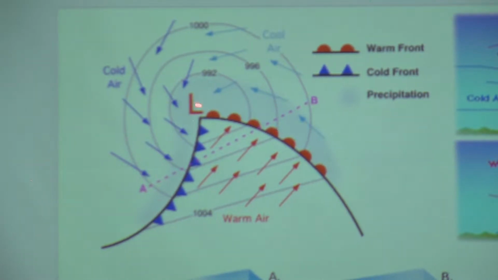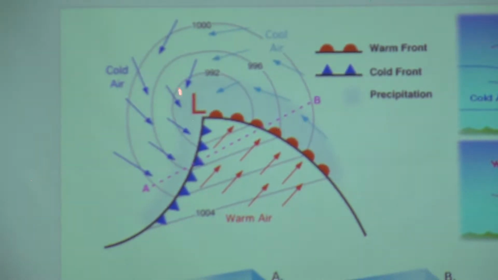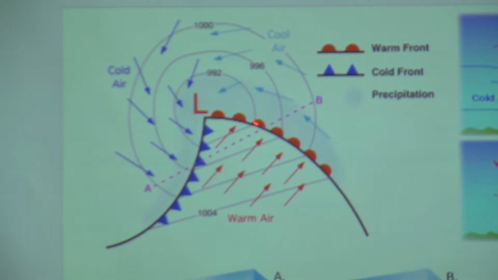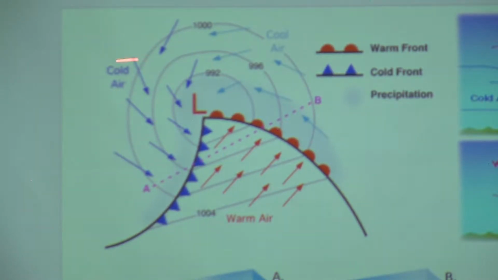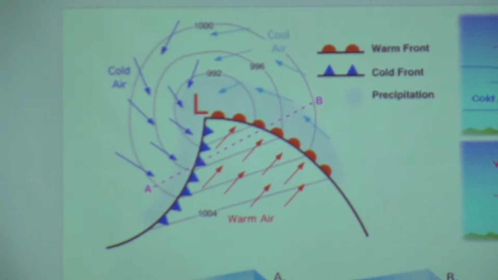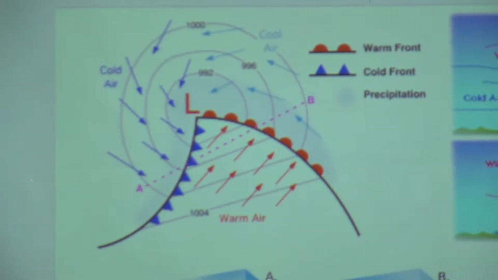Now this L here, the center of the low pressure, is the lowest pressure in this whole system. The pressure increases as you go farther away from the center of the low. So not only is the low pressure center moving away, so the pressure is naturally rising, but you have cold air behind it. Cold air tends to stay at ground level unless it's being forced up somehow, and it's not in this case.